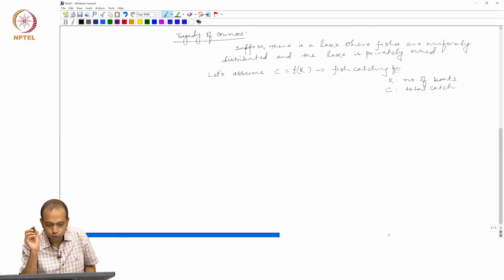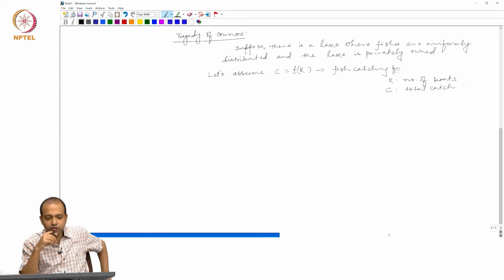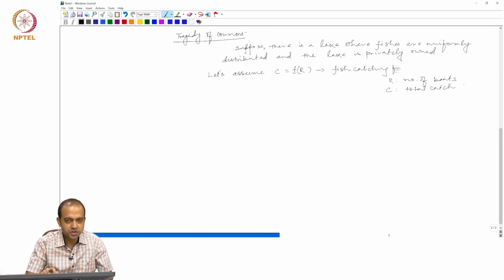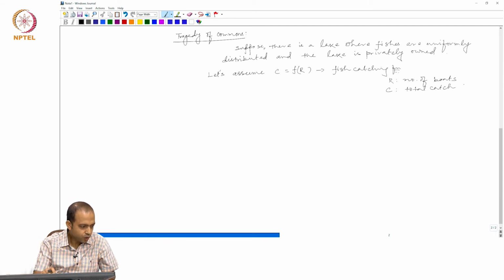So, we assume that the fish catching function is like a fish production function, which is a single input production function. What is the input? The input is basically the boat. Only the boat is required for fish catching, and we assume it is a single input production function, right. Okay.